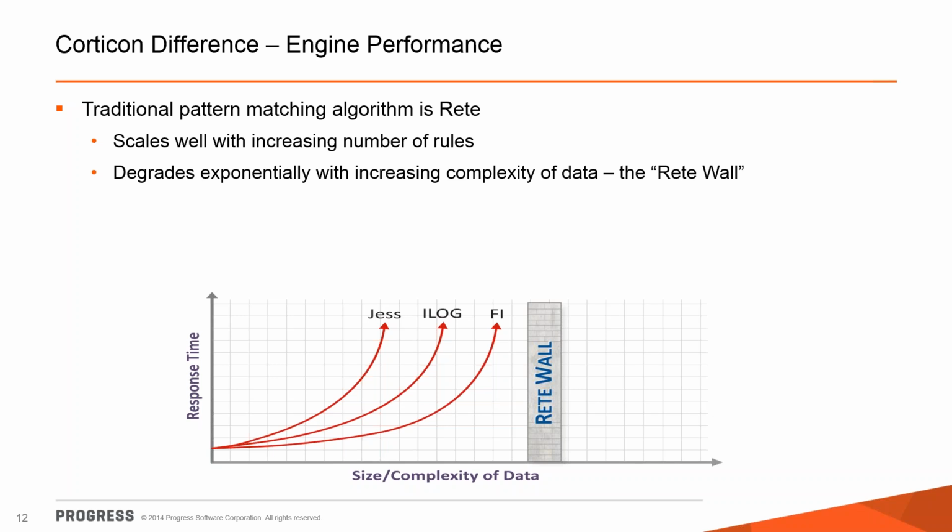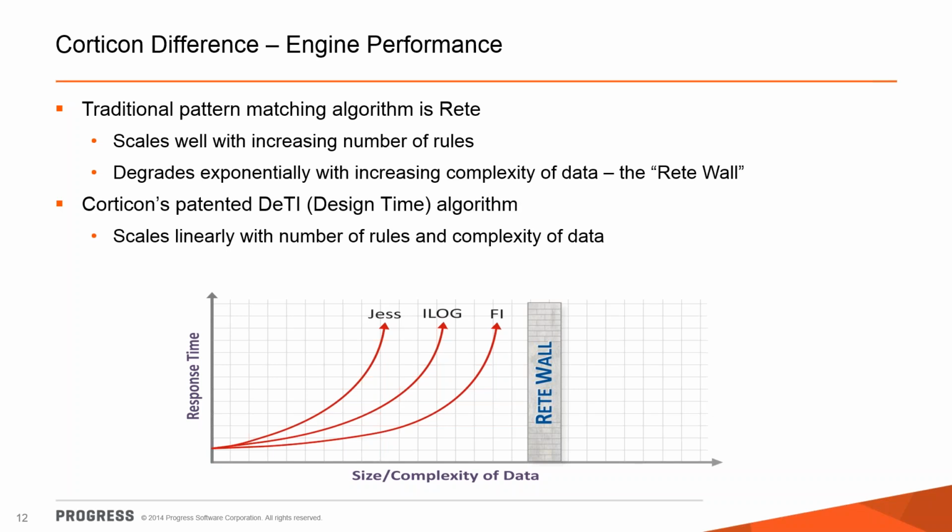Corticon, on the other hand, is based on a patented algorithm called Design Time. So if you go back to the model-driven rules development approach, when you're modeling your rules, Corticon in the background is trying to figure out what's the right sequence of execution of the rules that you modeled. So as a rule modeler, your only job is to focus on making the rules correct, modeling the rules that should be modeled.